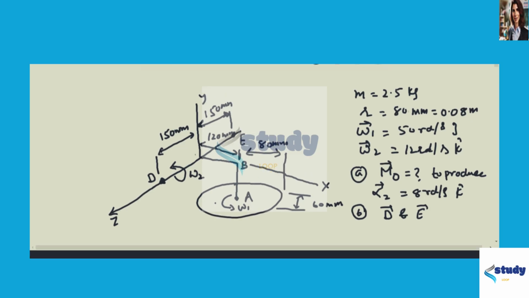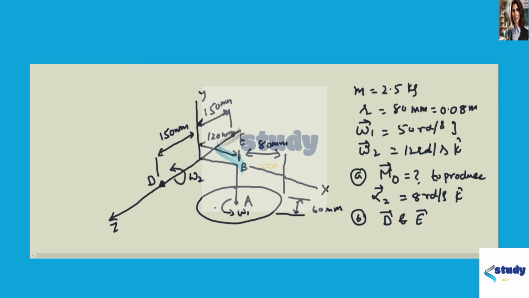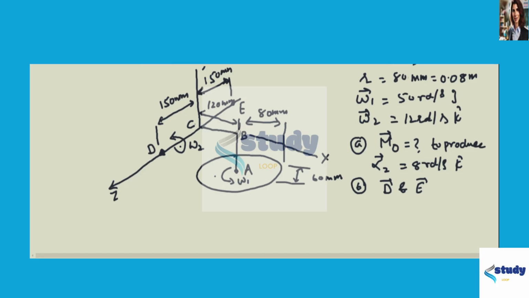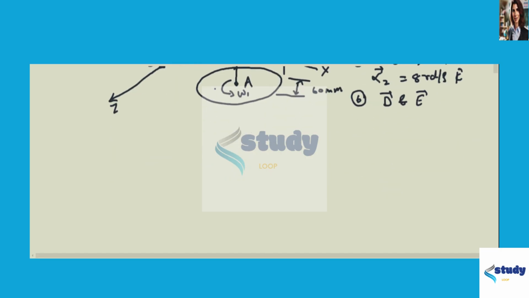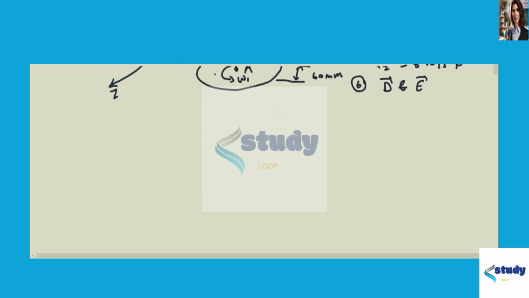Now let us see here, in this problem as shown in the figure, it is given there is a homogeneous disk of mass 2.5 kg and radius 80 millimeter rotating at a constant rate of 50 radian per second with respect to arc ABC, which is welded to the shaft DCE.